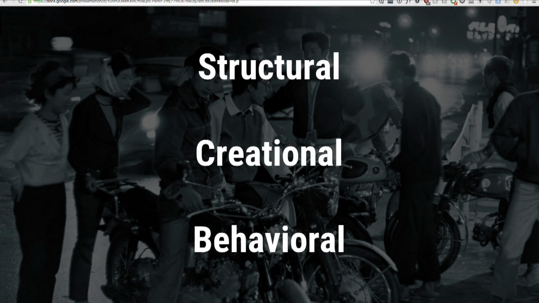Then you also have behavioral, which is how you communicate between pieces of code. You also have a fourth one, which is more about concurrency, so if you have multi-threads, but we're using the web, so we don't have this problem. Today I'm going to exemplify one from each category.